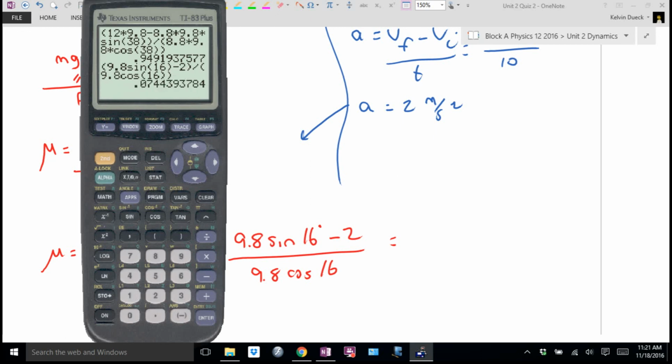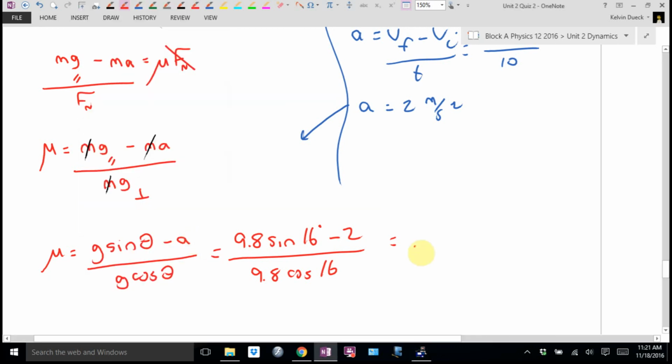Do you get 0.074? Which for snow seems reasonable. If I'd gotten a 0.9 here, either Dewick made up bad numbers, which happens sometimes, or I'd go check my math, because with a coefficient of friction on snow close to 1, that would not be a good ski run. So 0.0744, that's the 3 sig figs.